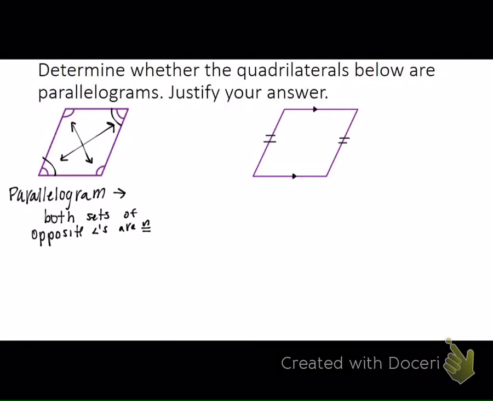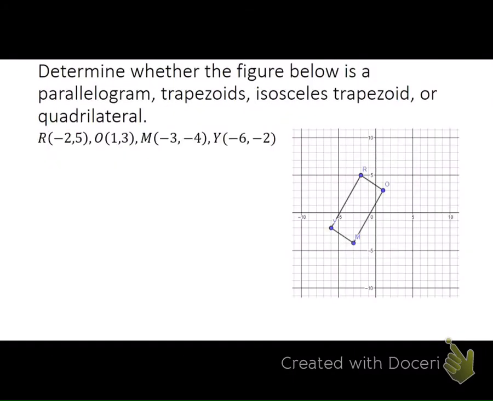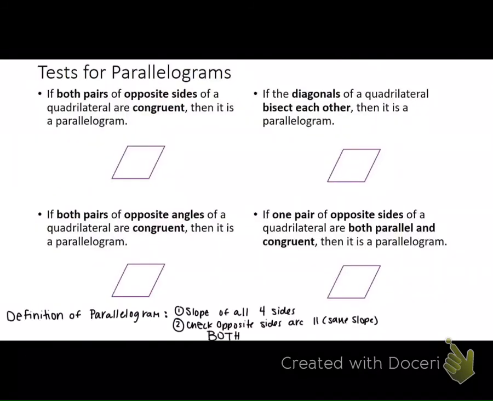Okay, we are going to backpedal to one of the very first slides we did real quick. One of the things said, if one pair of opposite sides is both parallel and congruent, meaning this one here is saying that you need to know that the exact same side is parallel and congruent, then you know it's a parallelogram, okay?